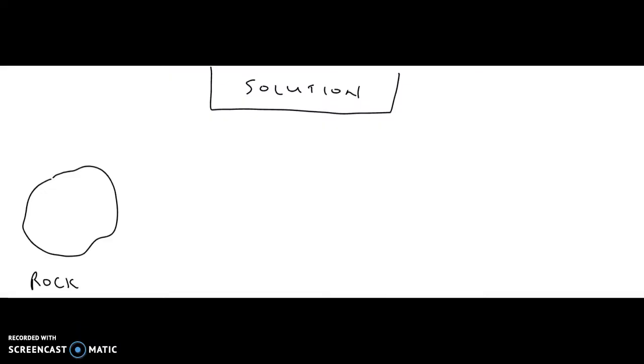But last but not least, let's talk about solution. Now we understand solution is a process of weathering, chemical weathering. Solution is also a process of erosion as well. If you look at it from a different perspective, rocks such as these may in fact contain minerals or soluble salts and minerals within their structures.